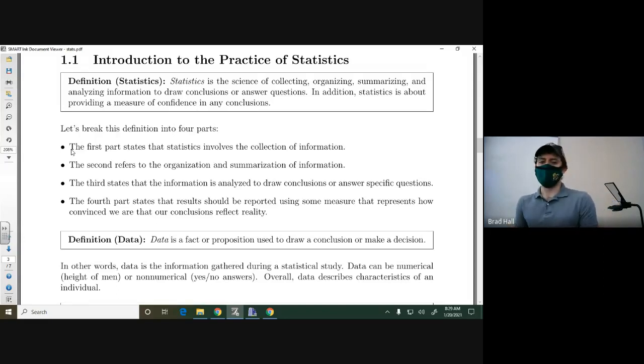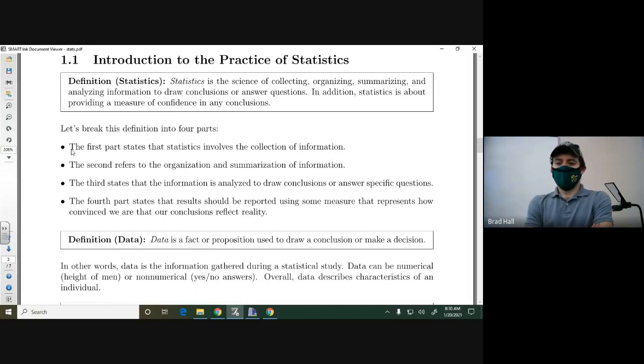And then once you get this information, how do you organize and summarize it? So is this a ratio? Are you determining the percentage of people who answered yes in a yes/no question? Are you trying to figure out the average in a collection of numbers? Like if you go around interviewing people's weekly income, then you might find the average of that.